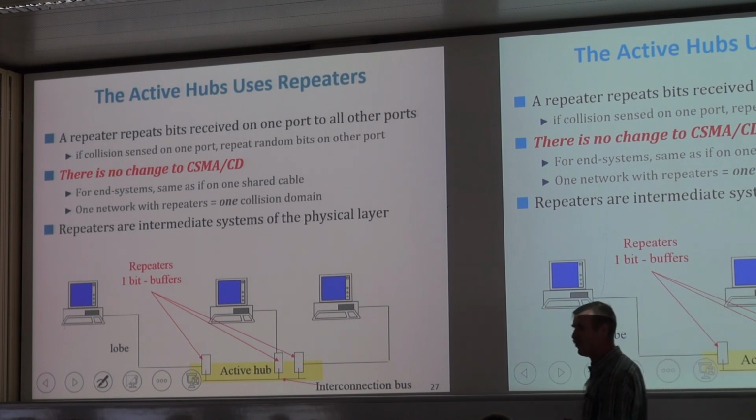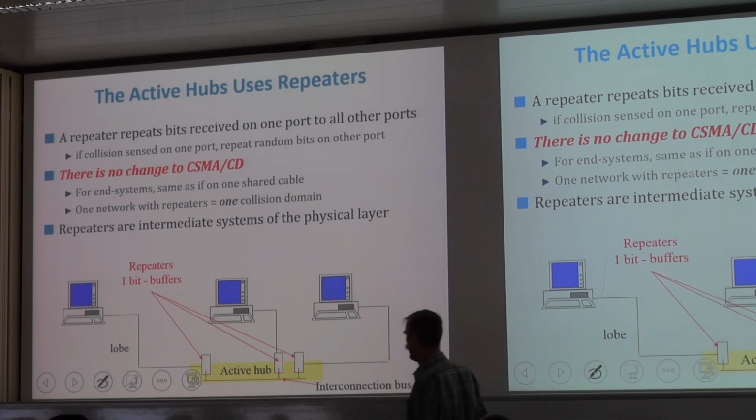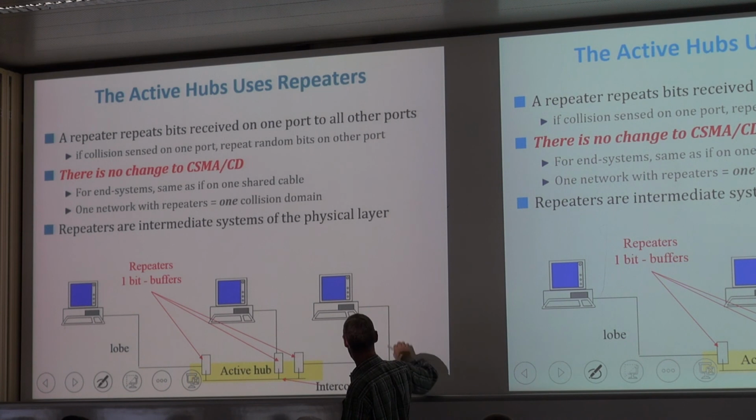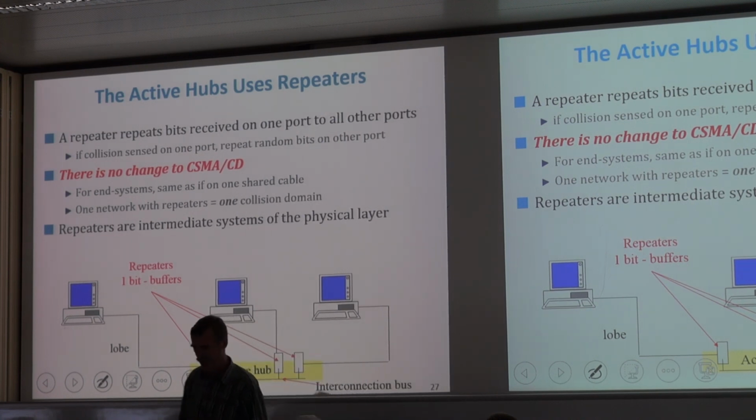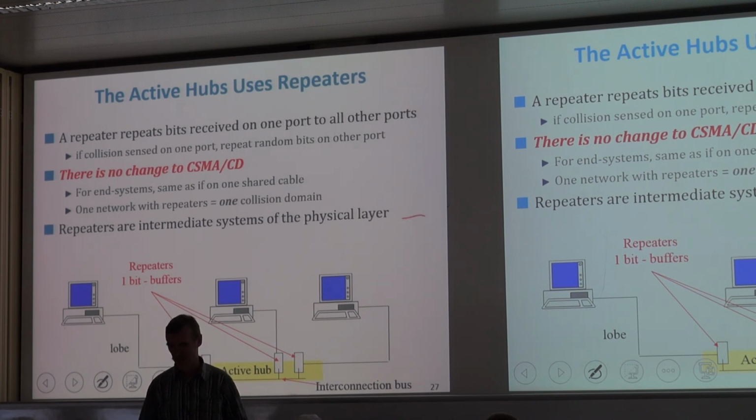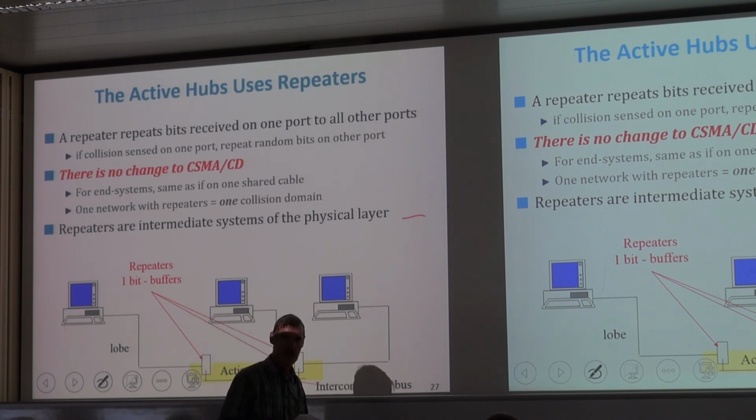It's more beautiful. It allows, for example, to have perhaps here an optical cable, for whatever reason, and then you can change the medium. You could be optical here and coax here, like we saw before. So you have more flexibility, you have better performance. That's wonderful. And incidentally, it gives us our first example of an intermediate system of the physical layer.